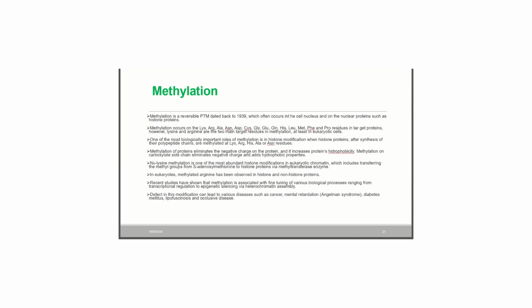However, lysine and arginine are the two main target residues in methylation, at least in eukaryotic cells. So as you can see here, lysine is an important amino acid for post-translational modification, for acetylation, and now for methylation.